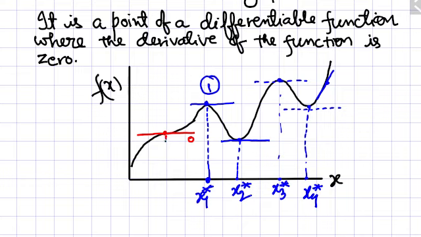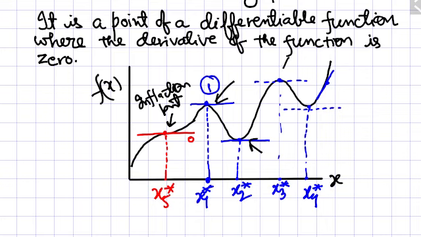So this is also actually a stationary point, but it is called a point of inflection or saddle point. So all these are examples, and these are points of maxima or minima. So points of maximum, minimum and inflection are called stationary points.